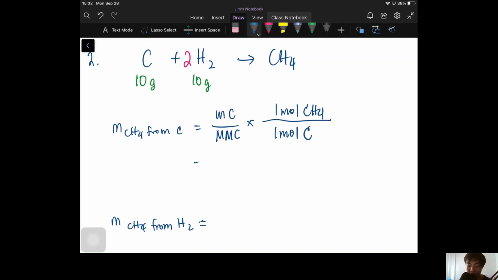So that's 10 grams divided by 12.011 g/mol times 1 mole CH4 over 1 mole C. So the grams will cancel, the moles will also cancel. Ilang CH4 mapoproduce from carbon? Solve ko lang. 0.83.